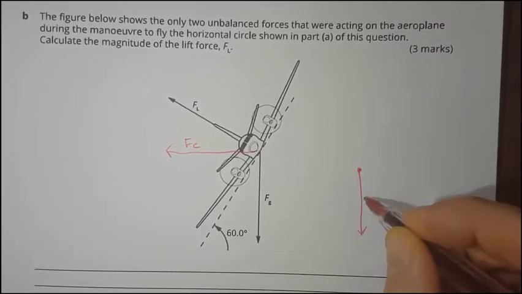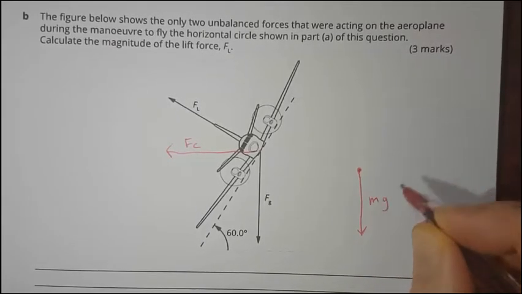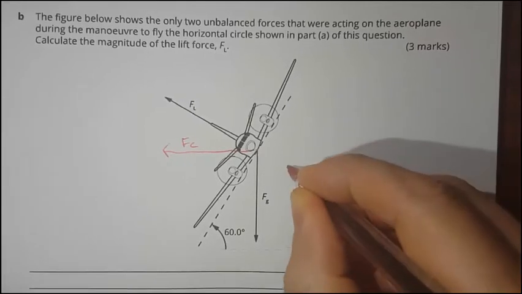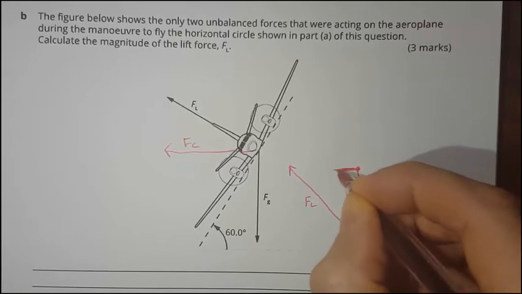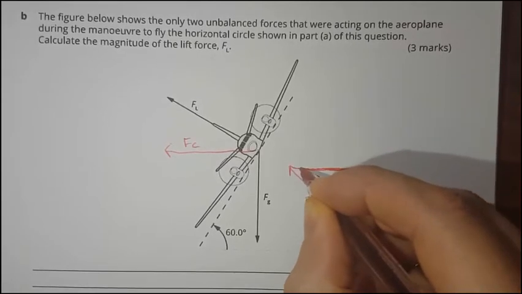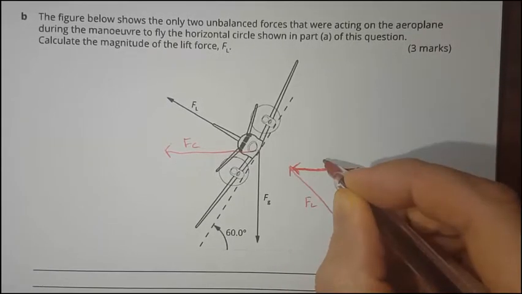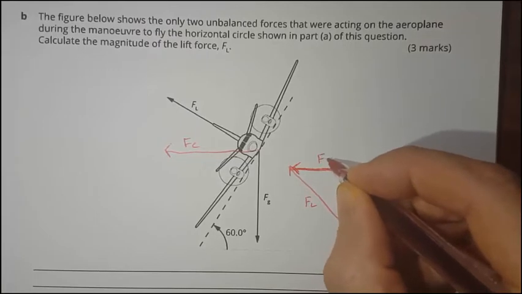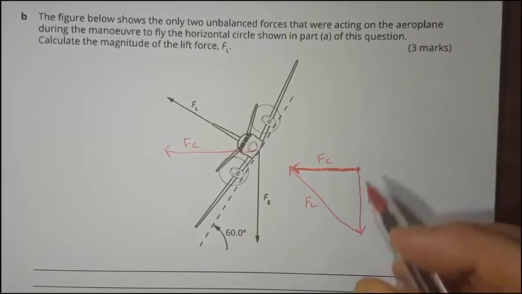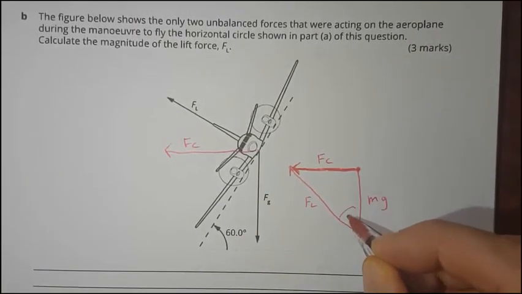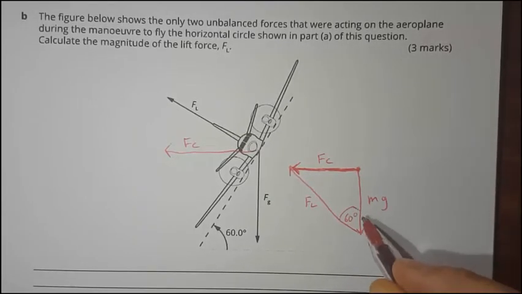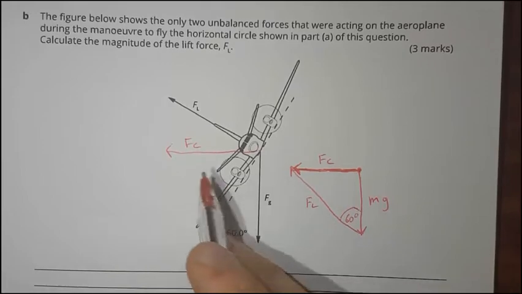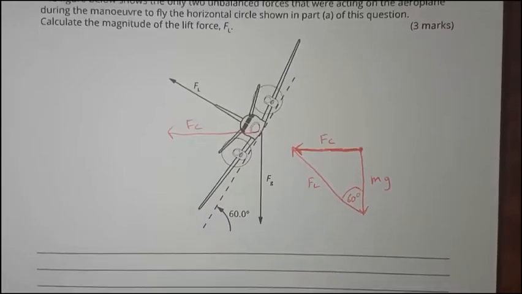Your gravitational force is this way with the mg, and you have your lift force, and that is creating your centripetal force. Now, thanks to similar triangles, I know that this angle here is going to be 60 degrees.